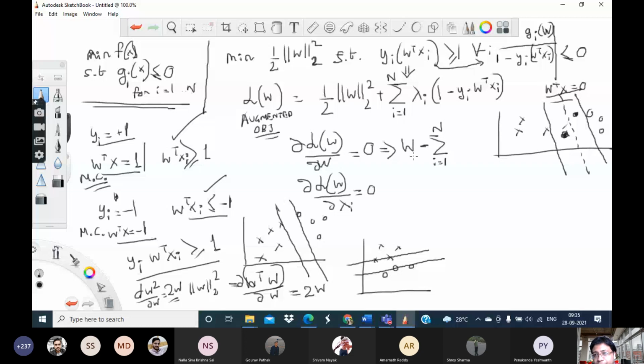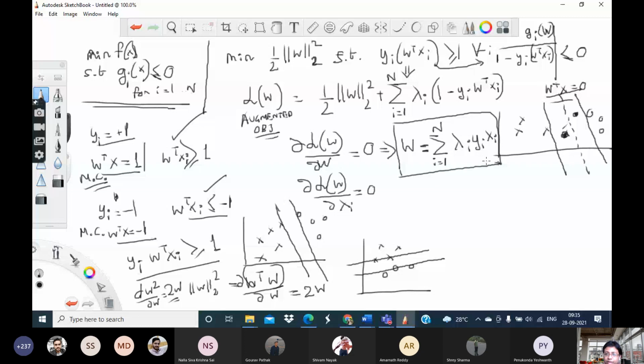So you got a w after differentiation earlier, but this w is linear, so if you differentiate, this w will just go away. What you get is just lambda i yi xi. This is to be equated to 0, so you get an equation like this.